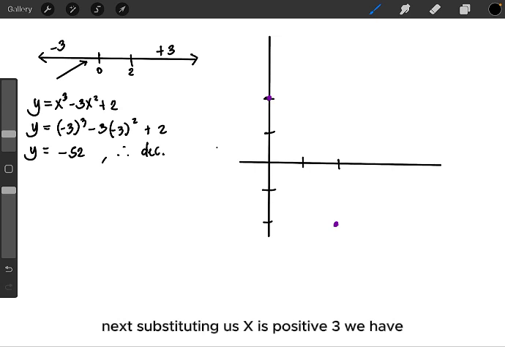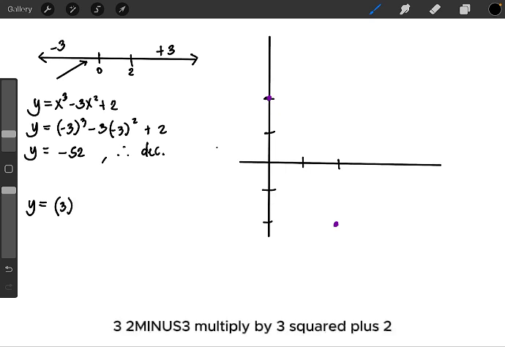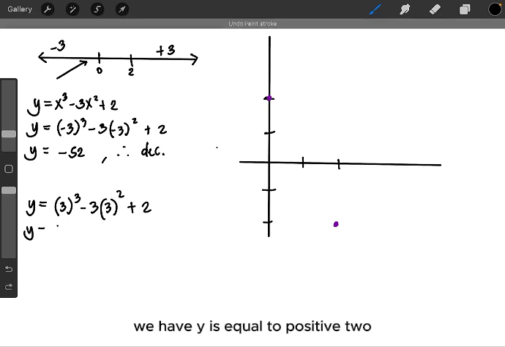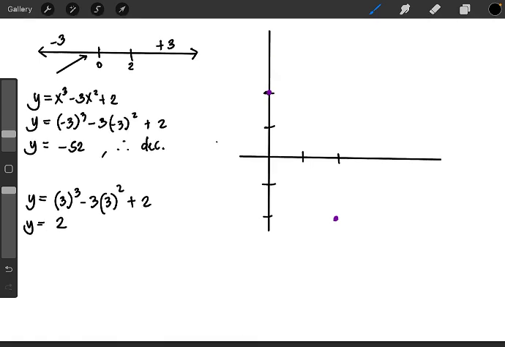Next, substituting x as positive 3, we have 3 cubed minus 3 multiplied by 3 squared plus 2. We have y is equal to positive 2, which is increasing.